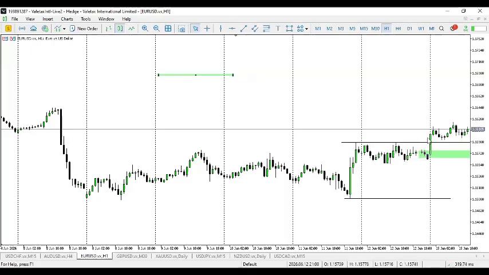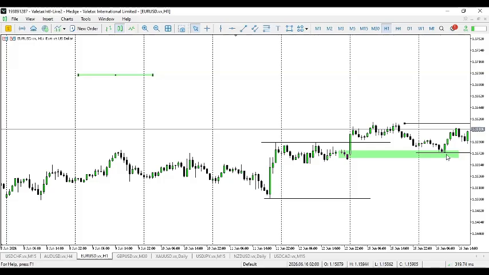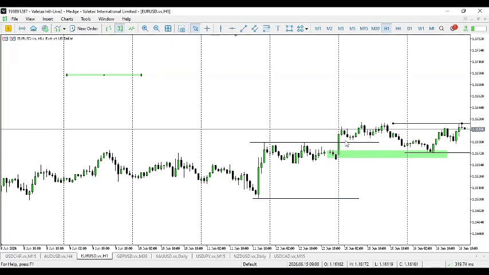Then there we go, that high. And then we had a break of structure again. This was early yesterday morning, we had a break of structure right there. So that's what we refer to as a break of structure. And then you have the extreme low here, which marks the line in the sand.